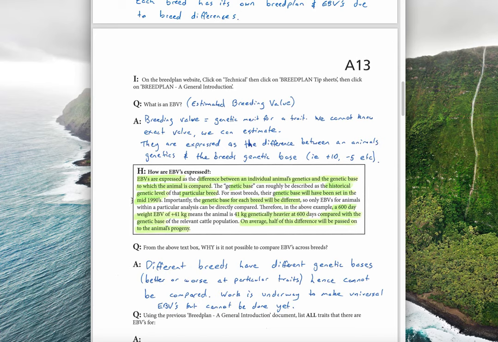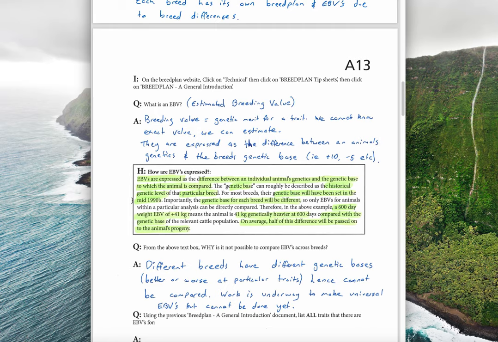Anything above that, so let's say a cow produces 30, which is 5 above, they will be +5. Let's say a cow produces 35 litres a day, they will be +10 because they're 10 above 25. Or on the other side, if a cow produces 20 instead of the average of 25, they're -5.